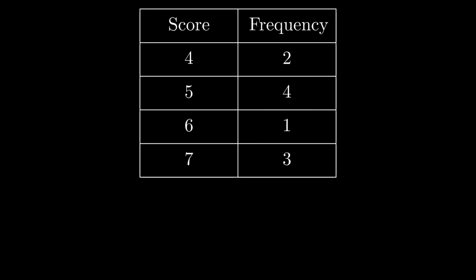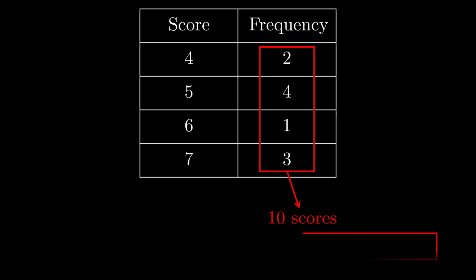How about the median? We'll start by bringing back the fact that we have 10 scores. This is important, because if you imagine those 10 numbers written in front of us in a heap, and we want to work out the middle one, because there are 10 scores, we can hopefully see that this divides evenly into 2 lots of 5.